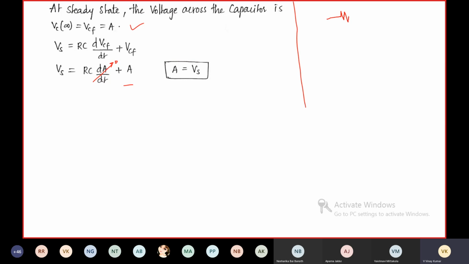Another way of getting the value of k: as it is a series RC circuit, here Vs is the voltage which is applied across this, right? Earlier we made one statement, right? What is that statement?